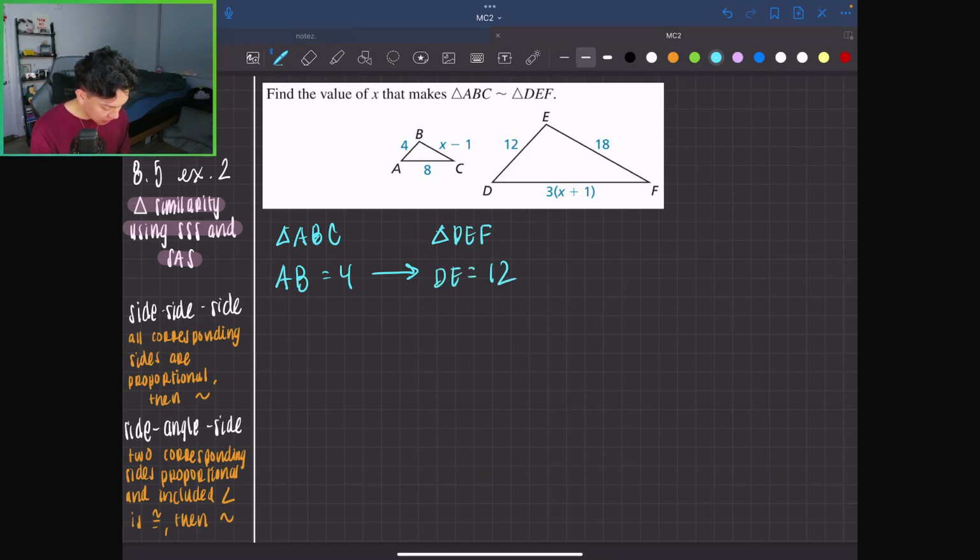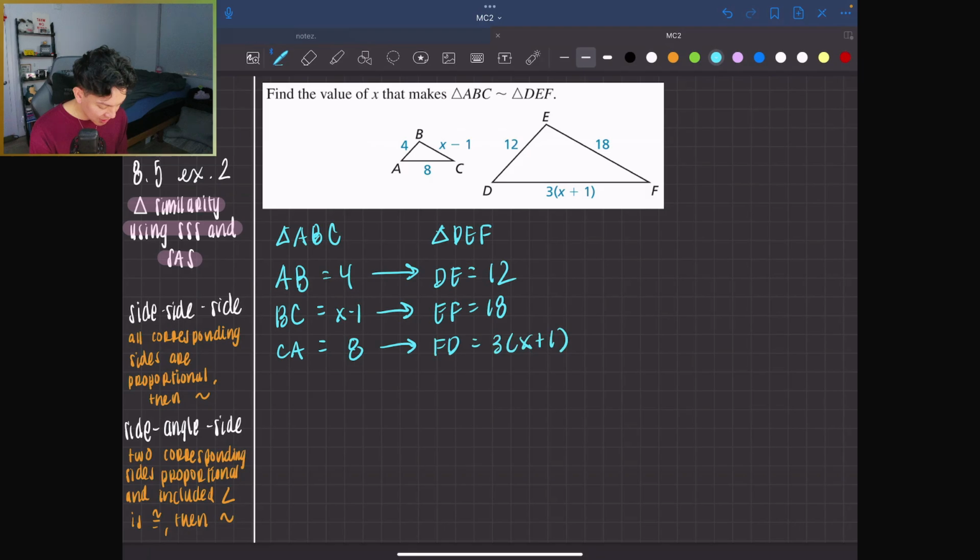And then let's find out everything else that's corresponding. So BC equals x minus 1, and we're going to compare that with EF, which is 18, and then CA is equal to 8, and that we will compare with FD, which equals 3 times x plus 1.